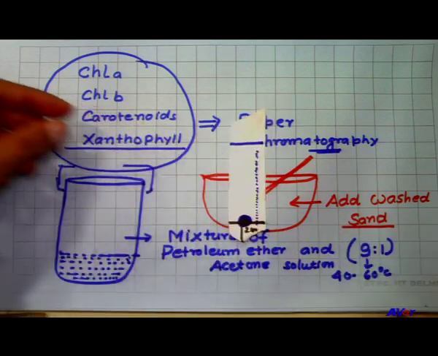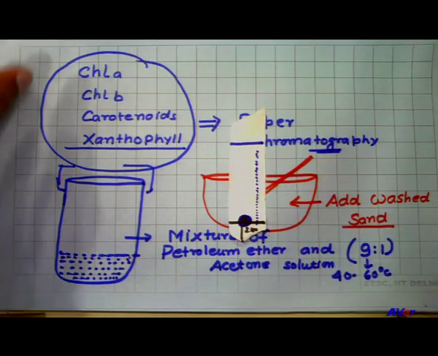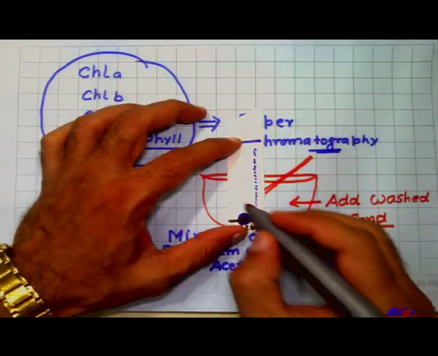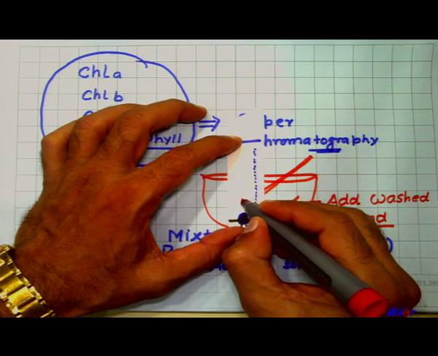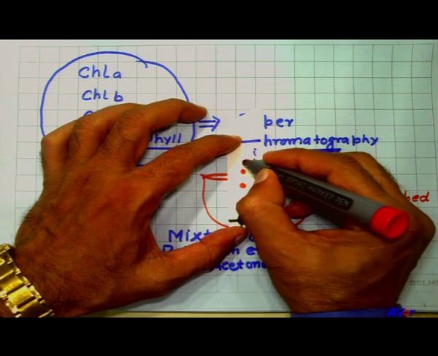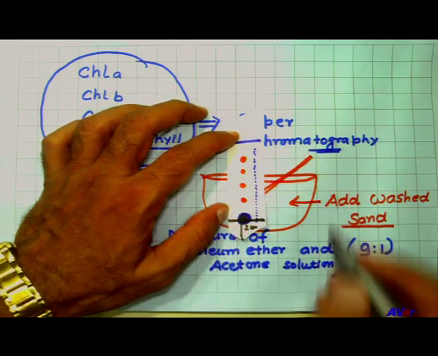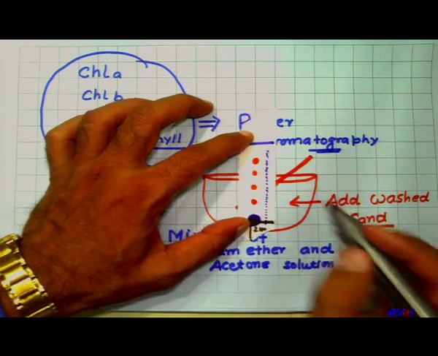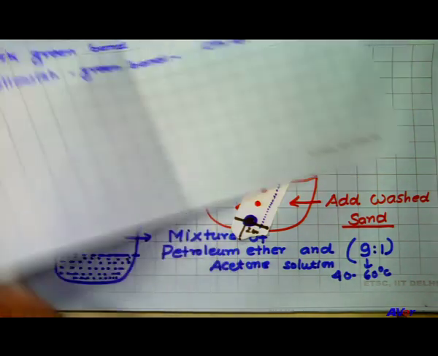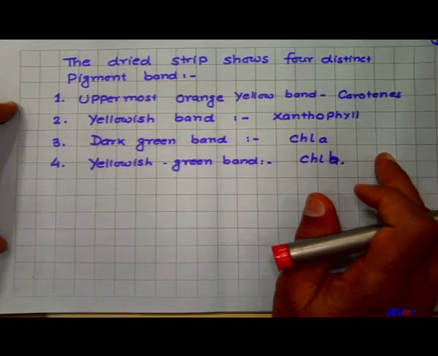We will find that various types of pigments are there in a spotted manner, different spots at particular distances. After drying the strip, it shows distinct pigments.